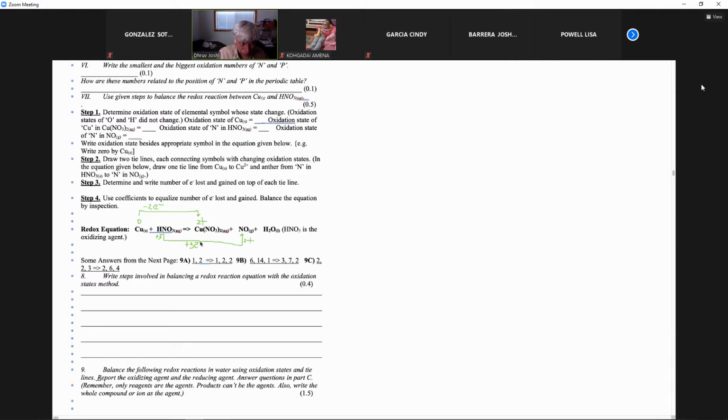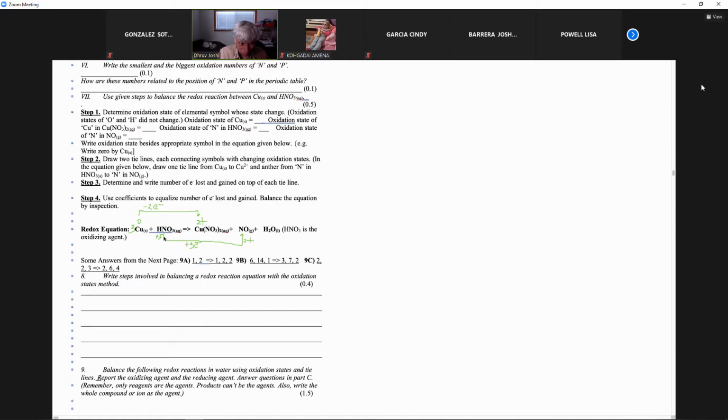Number 4, use coefficients to equalize the number of electrons lost and gained, then balance the equation by inspection. So 6 electrons is the number exchanged, because that's the common denominator. 3 copper will exchange 6 electrons.